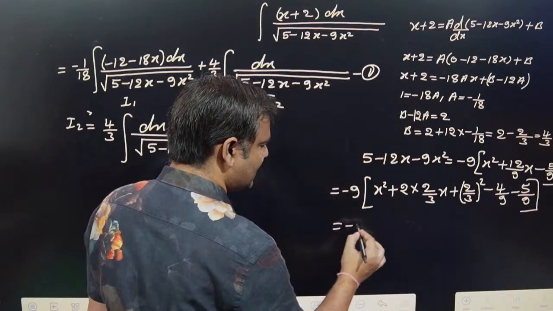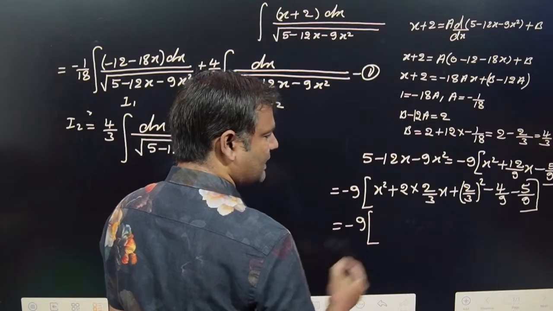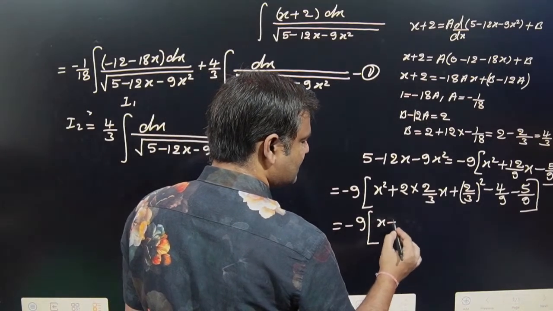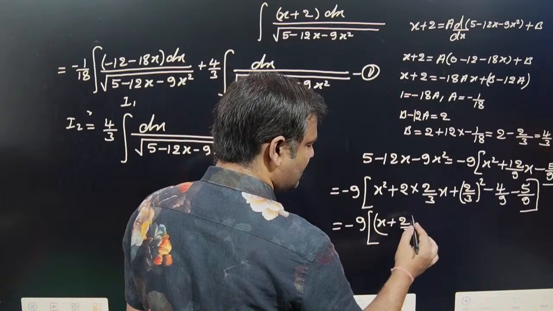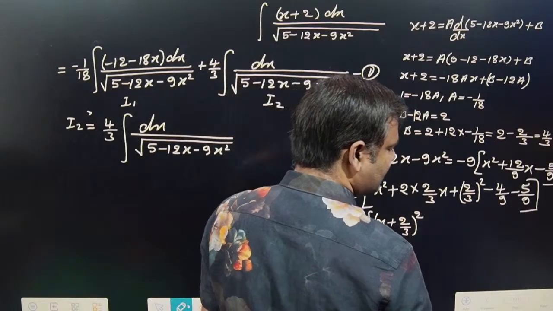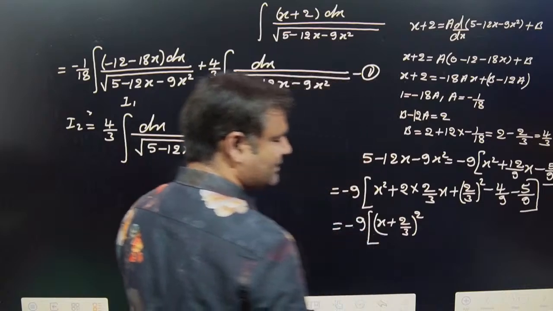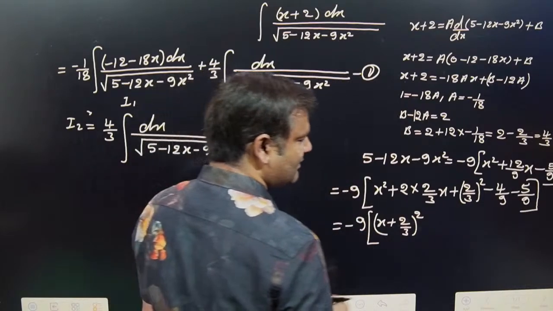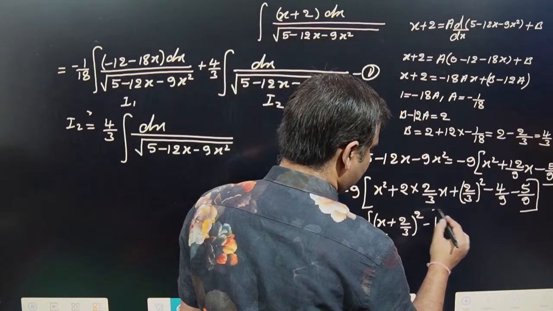So you can say minus 9 into x plus 2 by 3 to the whole square. What about that value? Simply 4 minus 5, that is minus 9 by 9, that is 1, so minus 1.